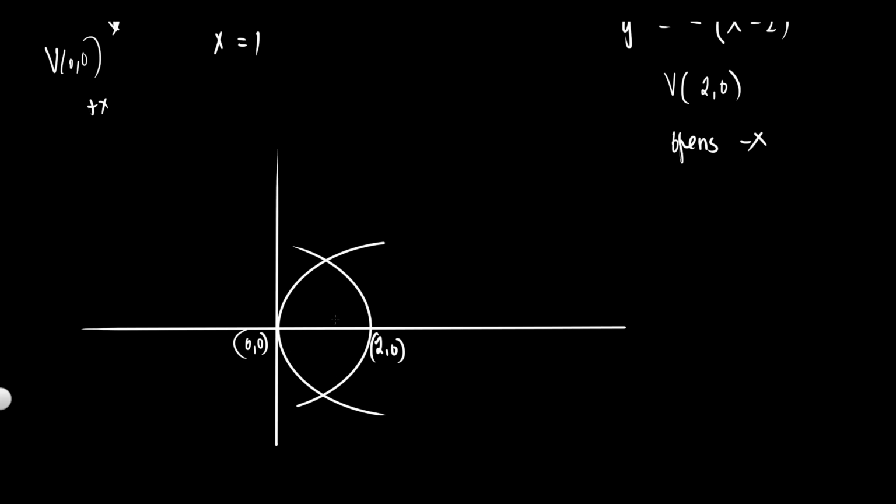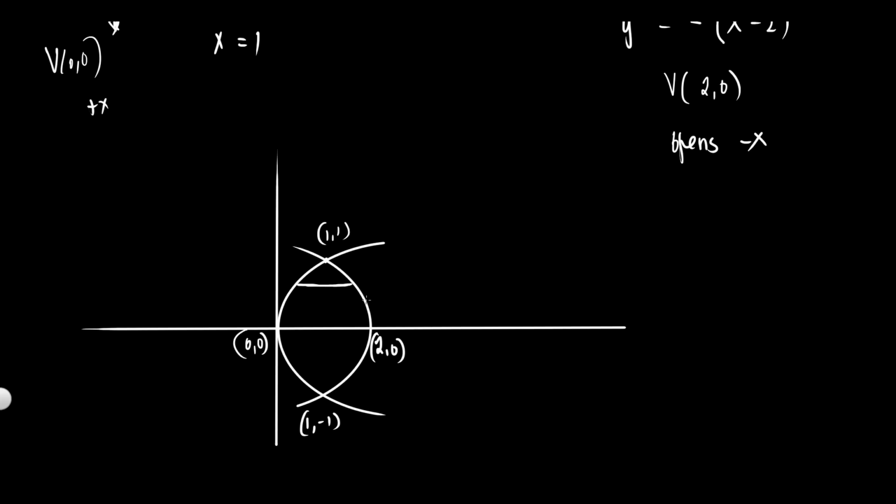Now, we cannot use a vertical strip. What we need is a horizontal strip. Horizontal strip only. So what will our limits be? Let's just take the half first. The limits from 0 to 2, then multiply by 2. Our intersections here are (1, 1) and (1, negative 1).